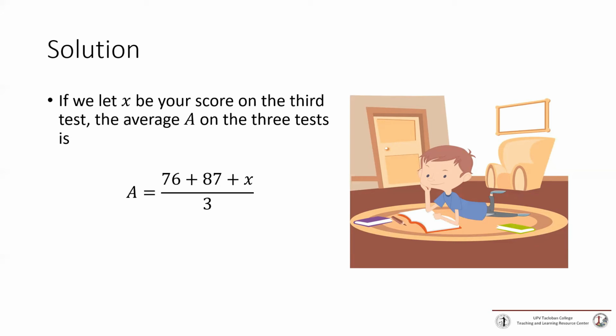We want to solve for the unknown variable X, which is the third score. So how can we do that? This example is an example of an equation. To solve this, the quantity on the left side must be equal to the quantity on the right side.